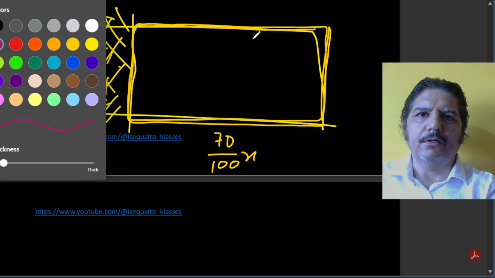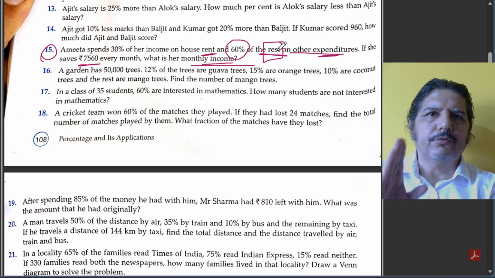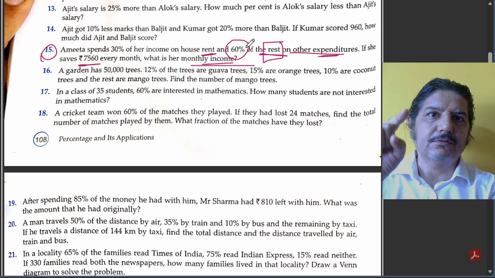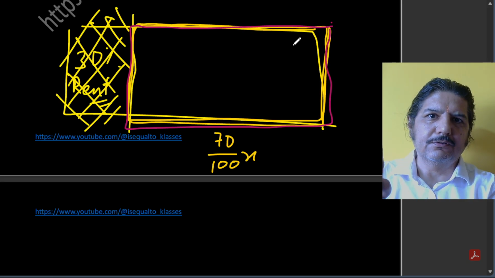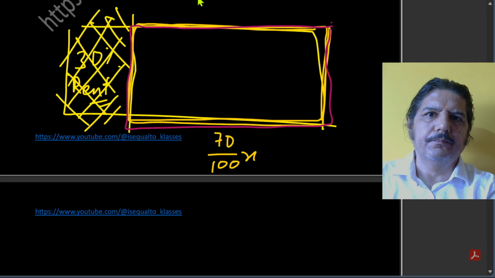Let me change the color. So this is the amount that we will be focusing upon, because this is the amount which is left after she has paid the rent. Now 60% of the rest, that is 60% of this, will go to expense.